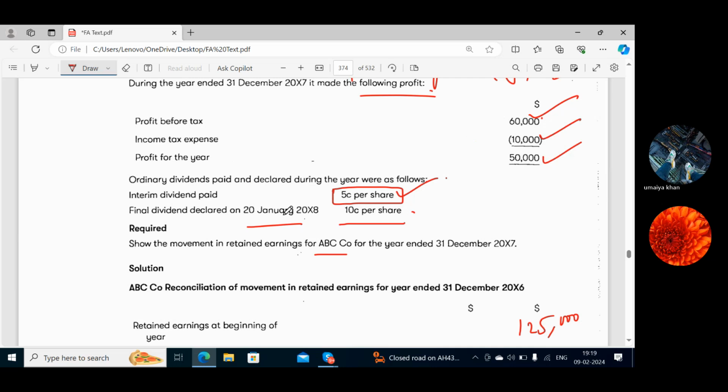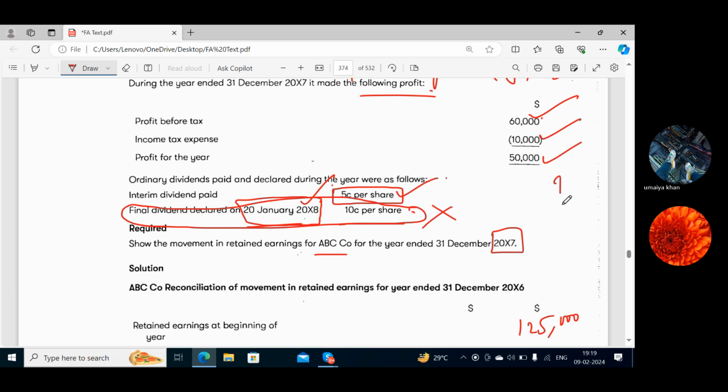So one more thing you should understand: to confuse a student, they are giving a 2008 date, but they are asking you the movement in the retained earnings for ABC company for the year ended 2007. What does it mean? You are not going to consider this final dividend part, because this is for the year 2008. We are only concerned with what is relevant to us as per the data, which is only this 5 cents per share, right?